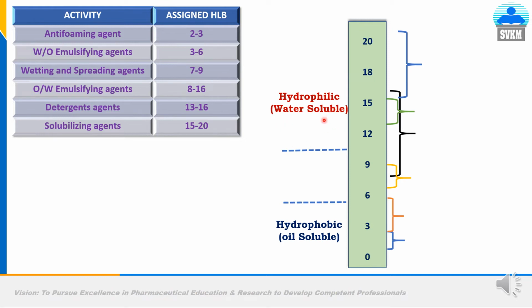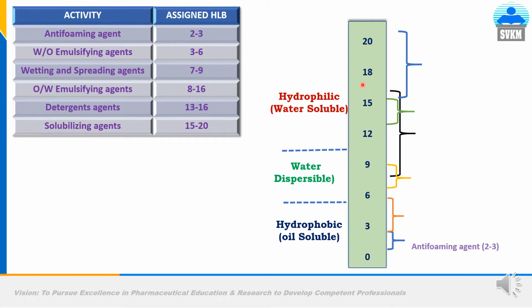The values in between these two, hydrophilic and hydrophobic regions, indicate a water dispersible type of surfactant molecule. So on the basis of this HLB scale, we can get an idea about the nature of your surfactant molecule, whether it is hydrophilic, hydrophobic or water dispersible type.